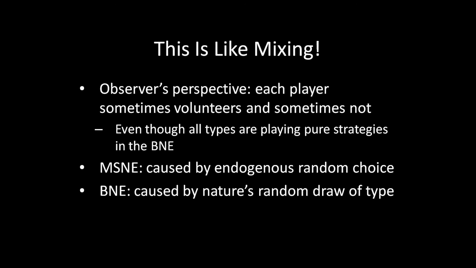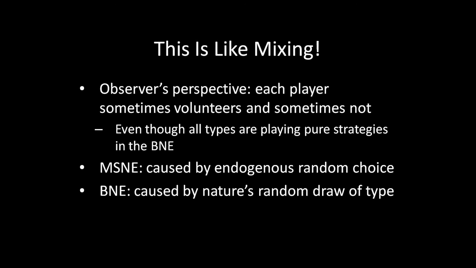In a mixed strategy Nash equilibrium, we also get randomization, but it's being caused by something else. It's being caused by players endogenously choosing to randomize. That's playing up with a coin flip coming up heads, and then choosing to play down if the coin flip goes to tails. So that's a different type of randomization. In contrast, in the Bayesian Nash equilibrium, the randomization is caused by nature's draw.